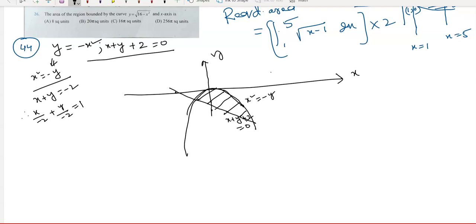But really we need to get the points of intersection. Then only we can find it. This is one point of intersection. This is the other point of intersection. We have to find both.